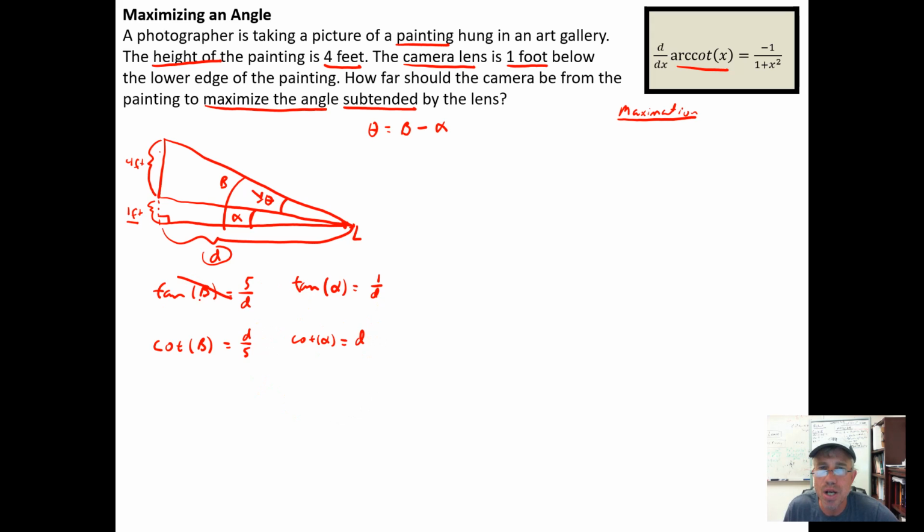So we're going to choose not to use the tangent functions because the variable position in the denominator will make the tangent function more difficult to work with. We're going to say, hey, let's work with the cotangent function.